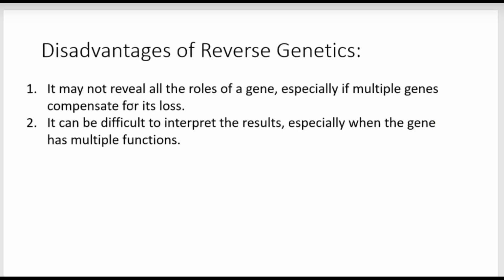The disadvantage of reverse genetics is that it may not reveal all the roles of the gene. If a gene has multiple RNA products, depending on the transcription factors acting on this gene, we cannot reveal all the roles of the gene.